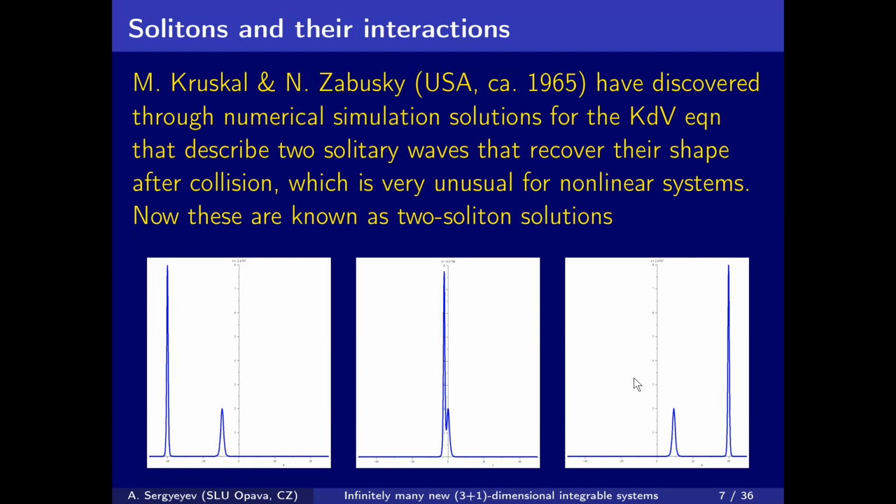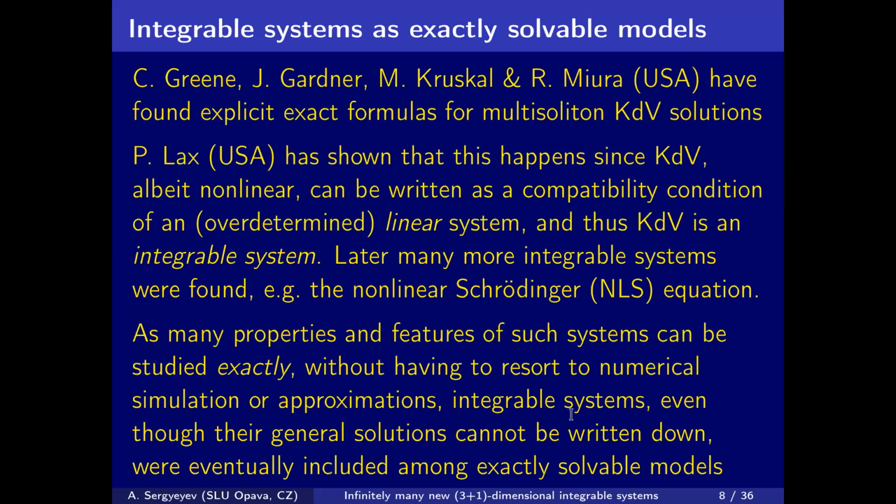So what we see here is what happens for the two-soliton solution. And then later on, it turned out that it is not just something that was observed numerically, that it is something much, much deeper. Later on, Green, Gardner, Kruskal, and Miura were able to find explicit exact formulae for multi-soliton solutions.